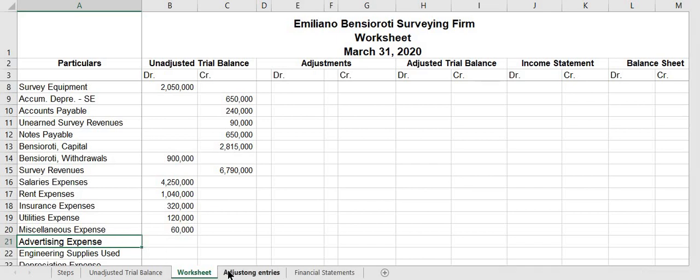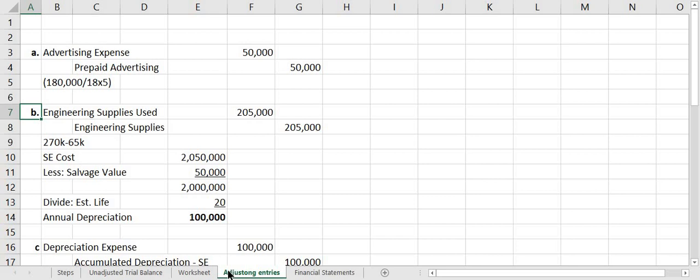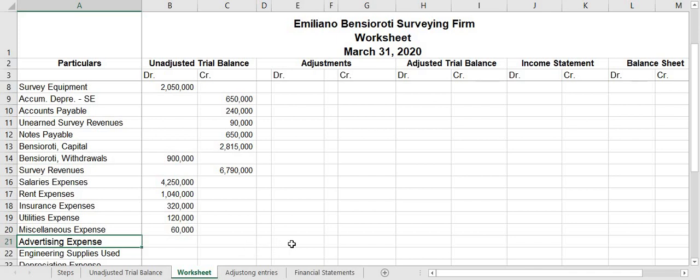And since in our adjusting entry it is debited, in the adjustment column, advertising expense should also be debited for 50,000. We need to put here the reference, the letter of this adjusting entry for purposes of cross-referencing or checking. Letter A, since this is the first adjusting entry.